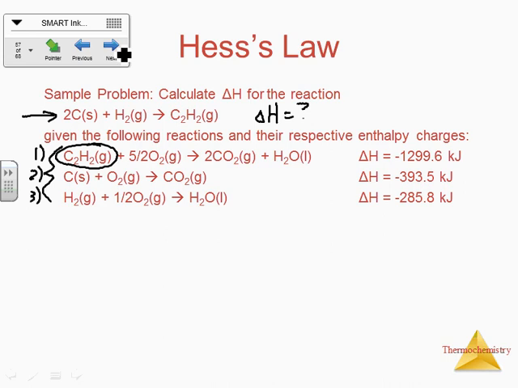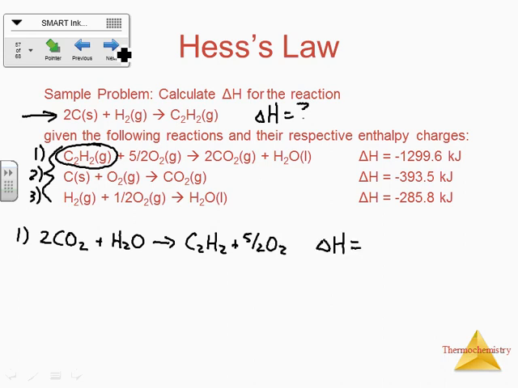Okay? So we're going to flip this first one around and rewrite it as, this is equation 1, CO2 plus, I'm going to be a little lazy with my states of matter here, gives us C2H2 plus 5 halves O2. Okay? And I got to keep track of my delta H's here. I flipped this thing around, so my delta H is now positive 1299.6.